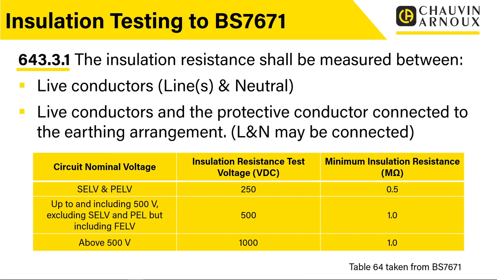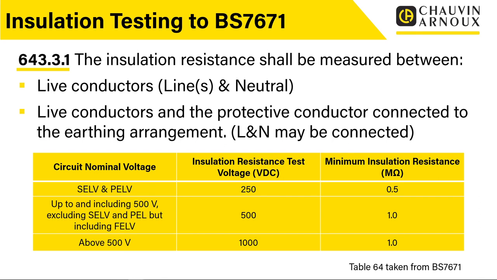And then the next bit, and this is very important as well, we must check between those live conductors and the protective conductor. So we check between them and, for want of a better term, earth, the protective conductor. But it doesn't stop there, and this is the bit that a lot of people haven't twigged, and it's quite clearly described in Guidance Note 3.